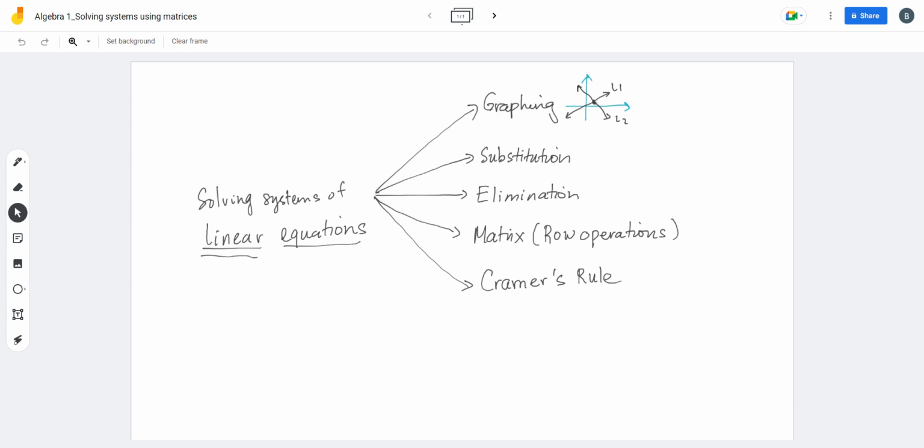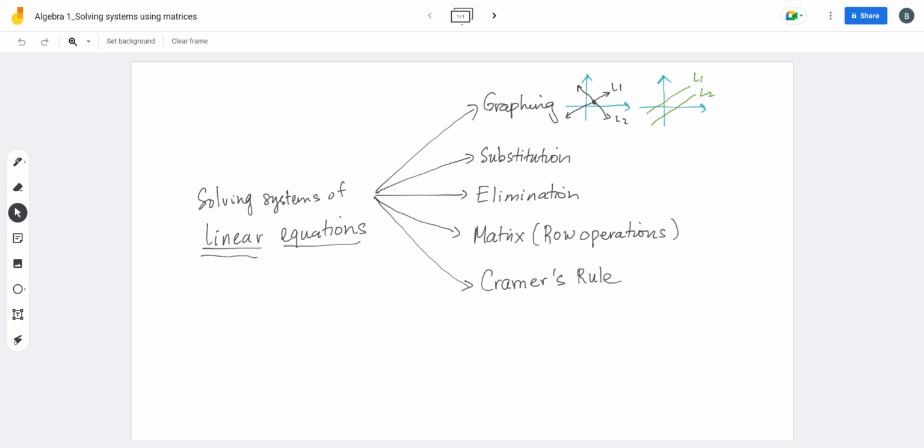Another possible situation is that we have two lines, but this time they don't intersect with each other, meaning that they are parallel. In this case we say there are no solutions.